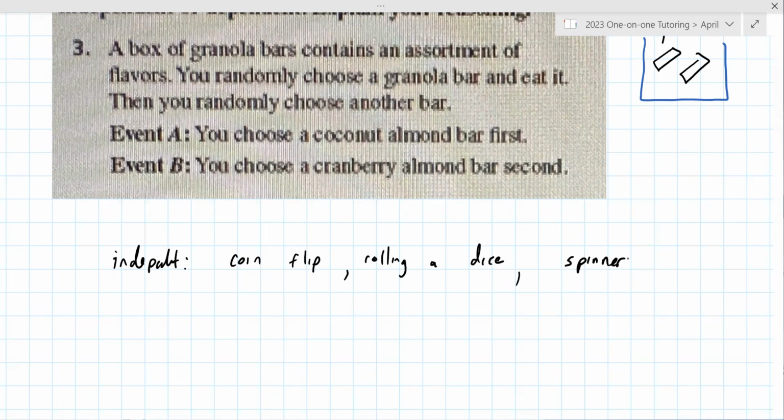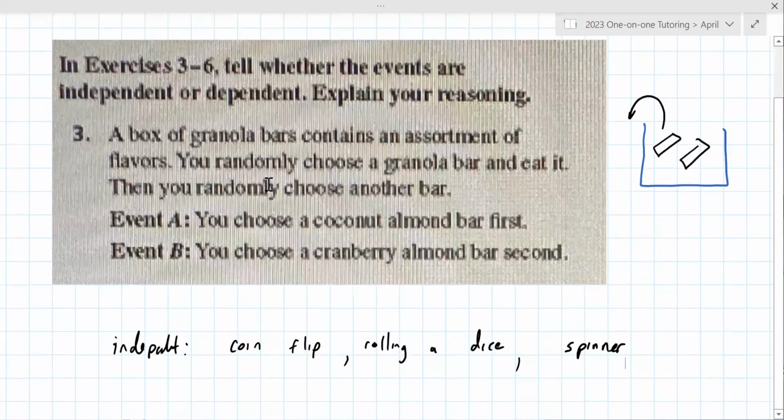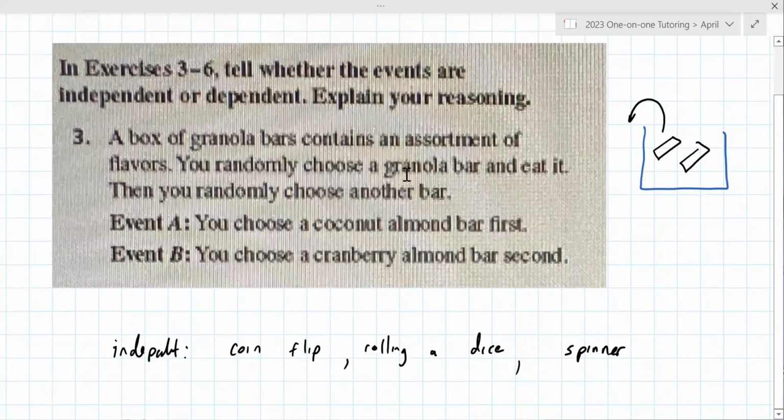So the thing that I'm struggling with here, because you're taking the bar out and you're actually eating it, that means there's one less candy bar in there. And that's why I would tend to reason that these are dependent, because taking one out impacts your likelihood of selecting another.